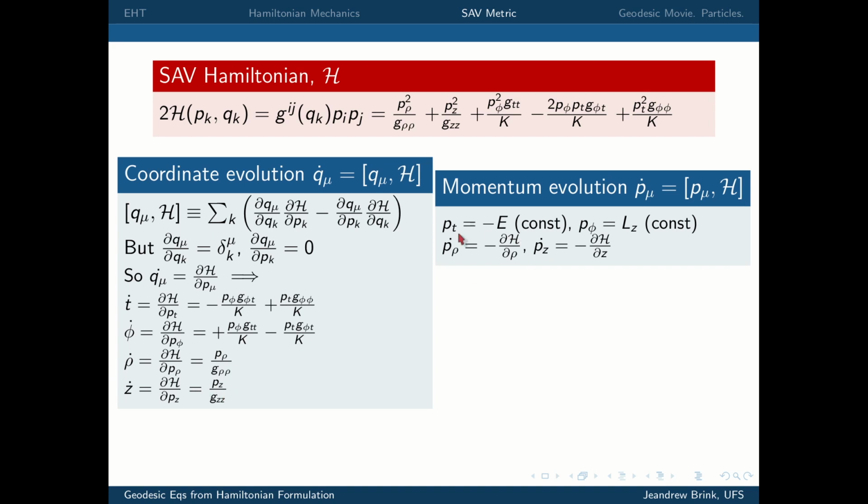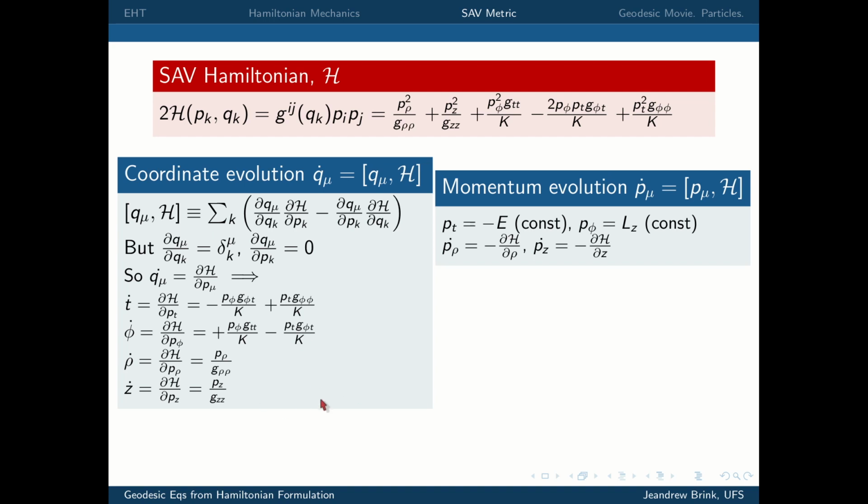So we can decouple the 4 equations for p rho dot, pz dot, rho dot, and z dot, giving us 4 ODEs.